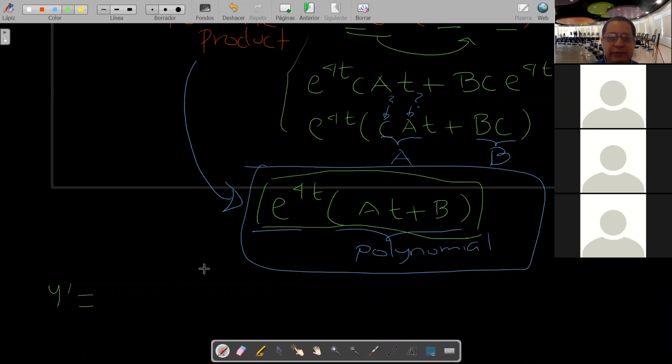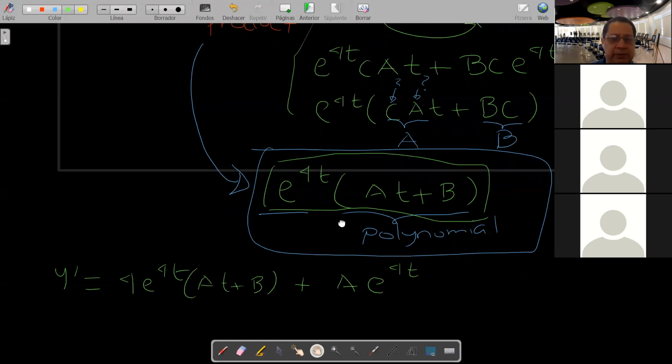And what is the derivative of this expression? We can have the derivative for e to the 4t plus the derivative of at plus b, which is just a times the exponential.